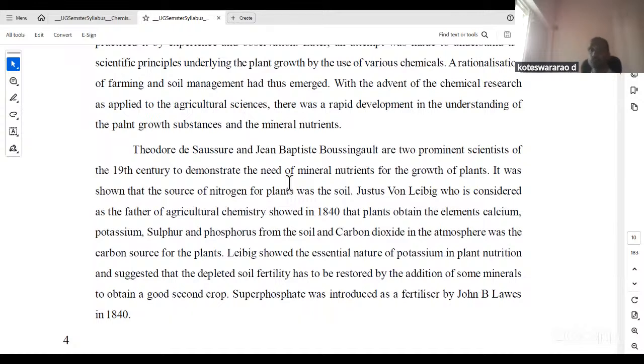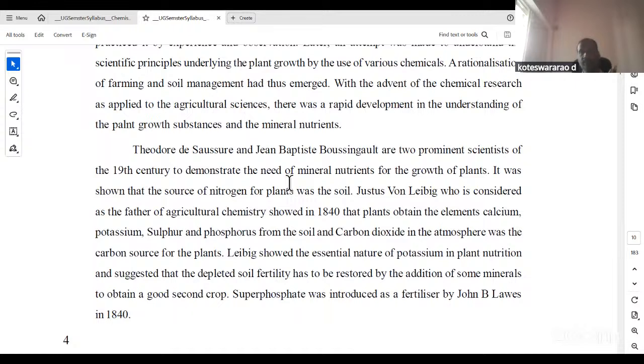Liebig also showed the essential nature of potassium in plant nutrition, and he suggested that depleted soil fertility has to be restored by the addition of some minerals to obtain a good crop. After the first crop, the soil becomes weakened in nutrients.